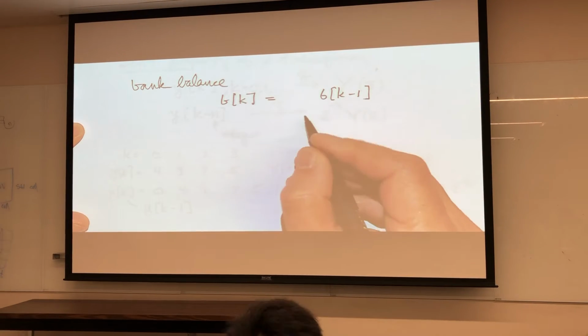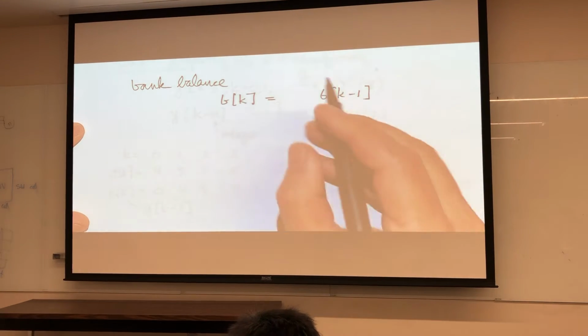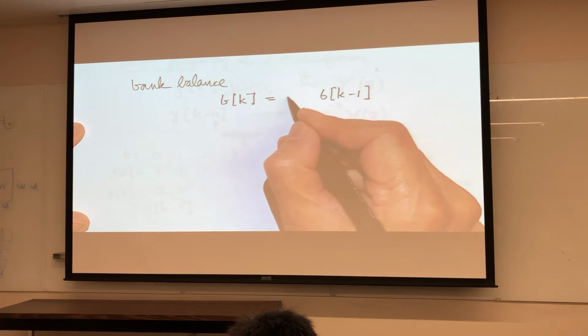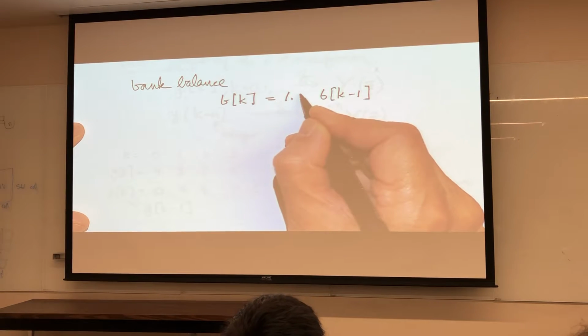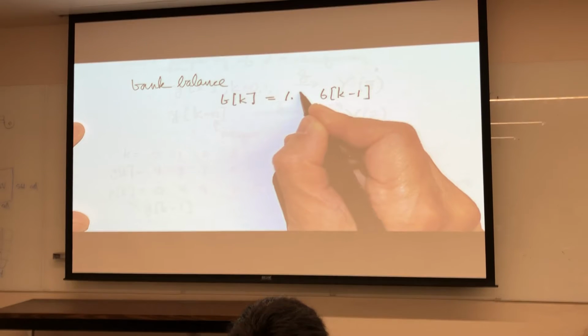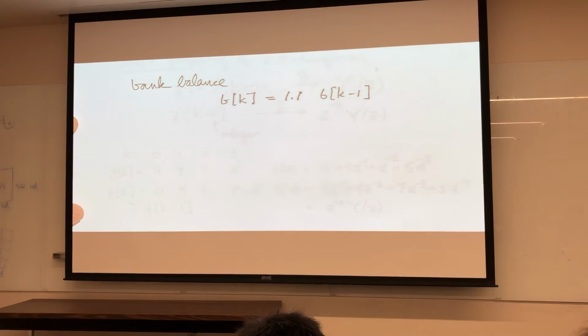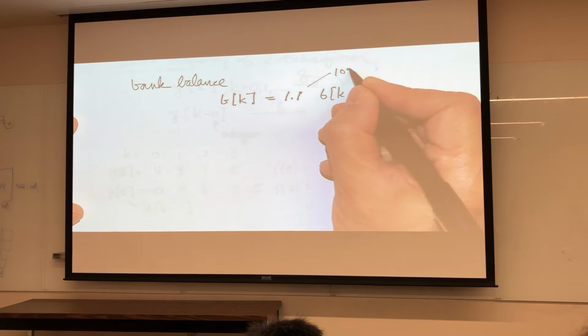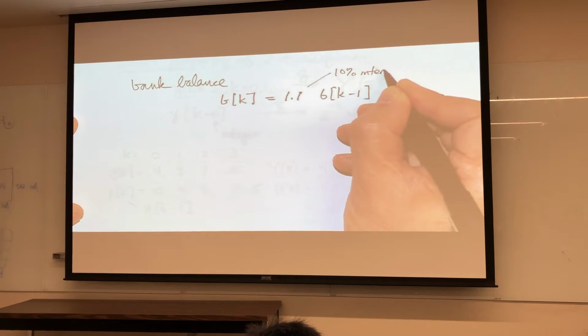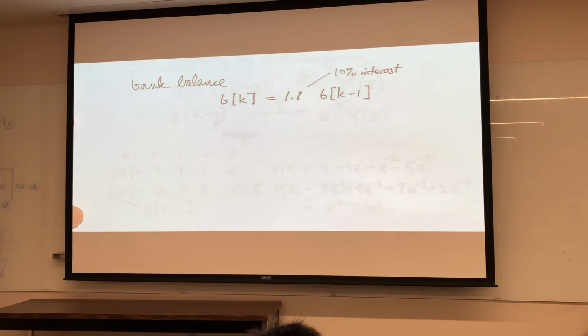This is another way to model it: bank balance last month, multiplied by 1.1. That's 10% interest. Nice. Unheard of, right?